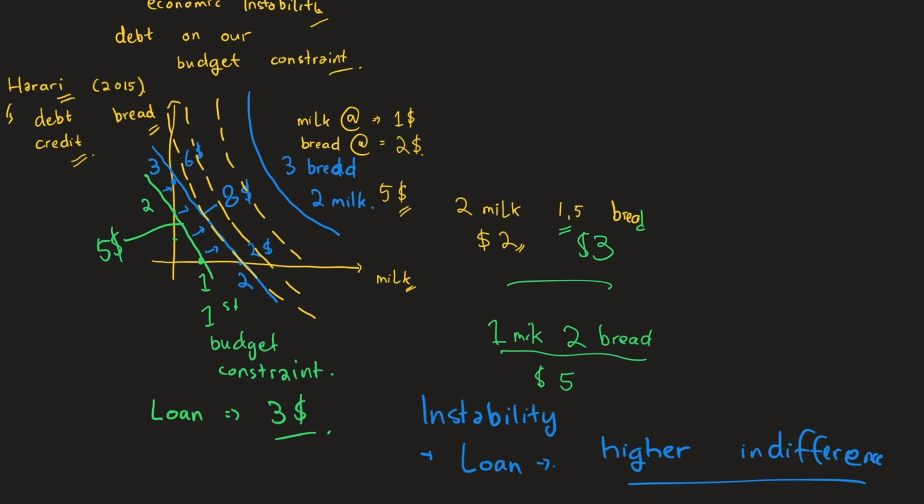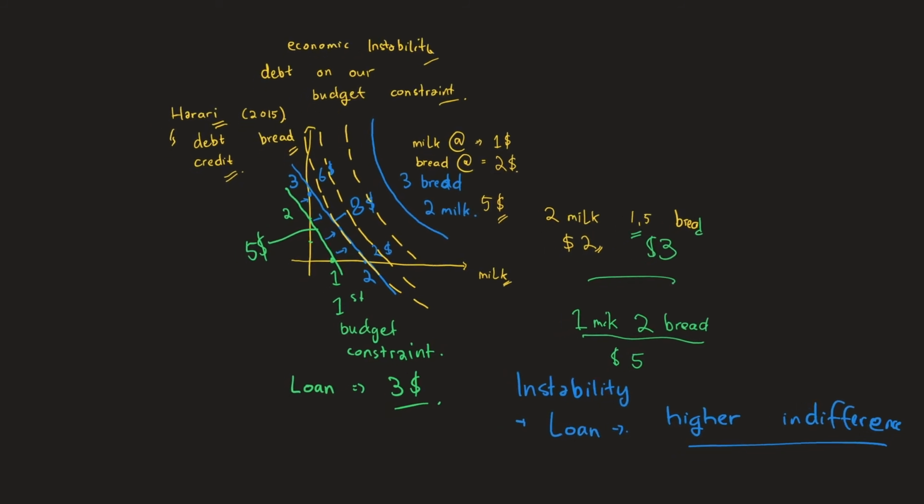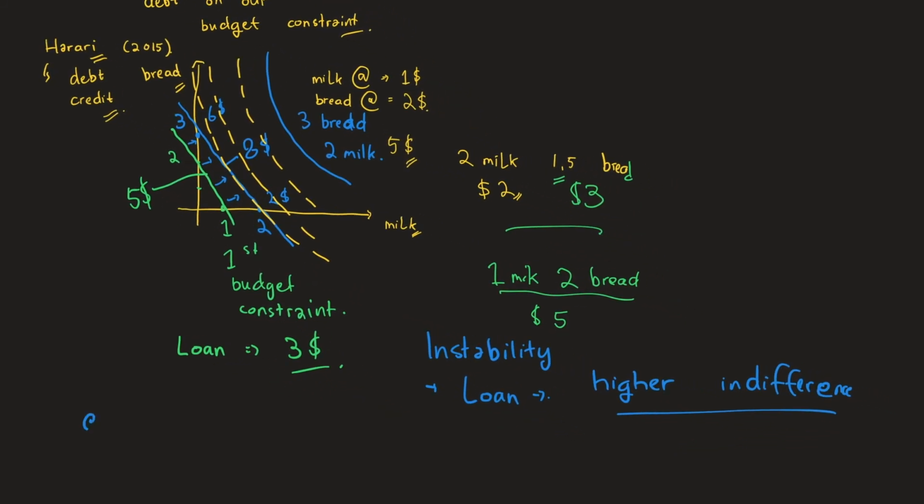The issue then is what if you only have earnings of, for example, $10 daily. Taking a $3 loan is still okay.